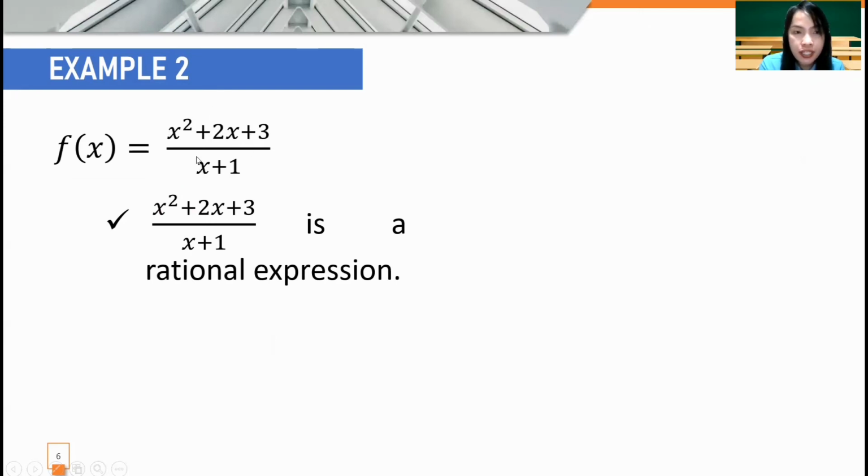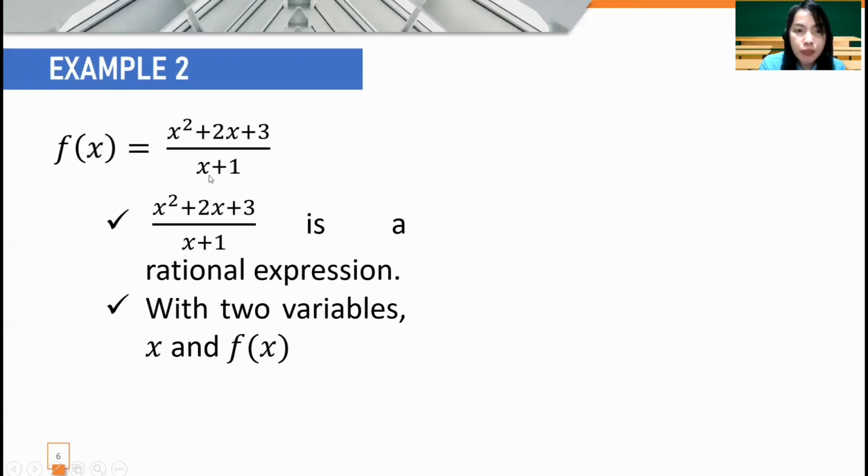Therefore, this term is a rational expression. Check. With two variables, we have variable x here on the right side, and we have f of x as the second variable, or it can be written as y. Another, we have an equal sign here. So this one is an example of rational function.